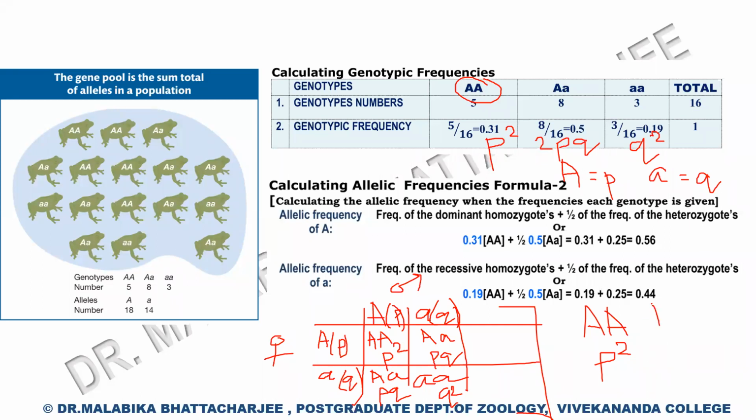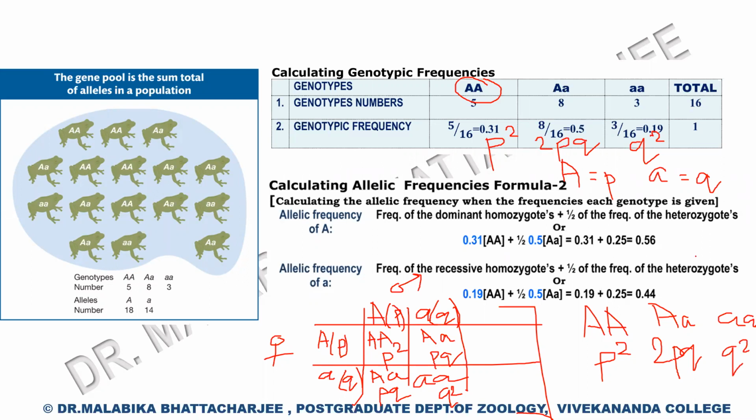Both are heterozygotes. Genotypically, they are the same. So we get 2 times PQ, so we write it as 2PQ. And finally, we are getting small a, small a. In terms of P and Q, we write it as Q square.